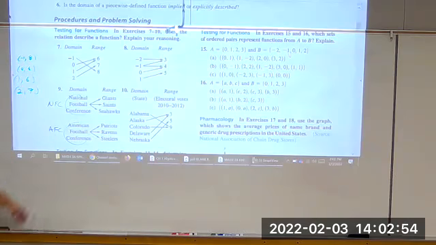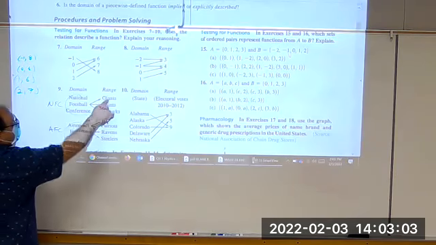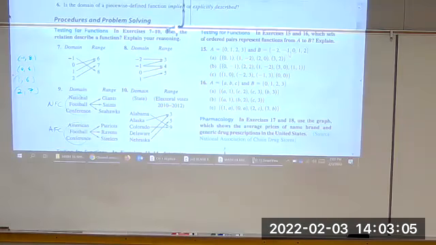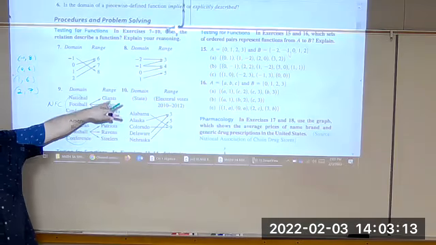Let's just look at number 9. Is that a function? No, because the NFC has 3 answers. And the AFC has 3 answers. This domain has 3 different answers.